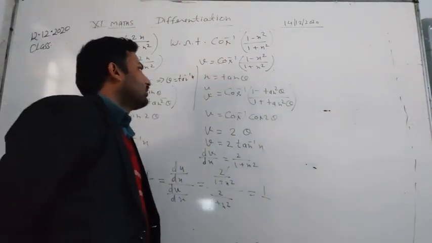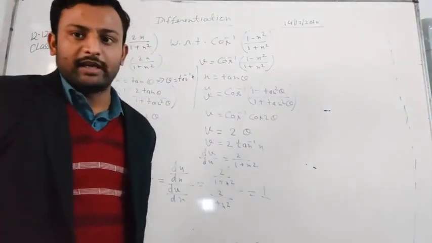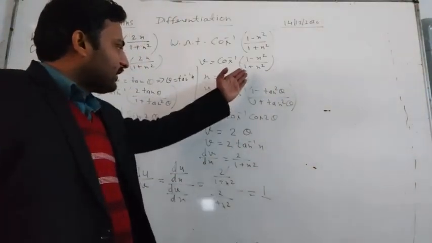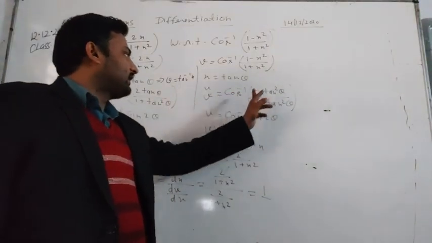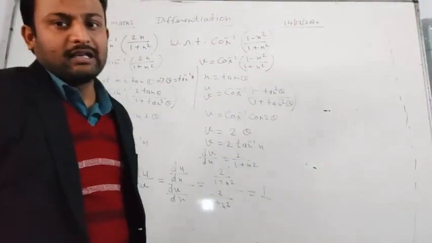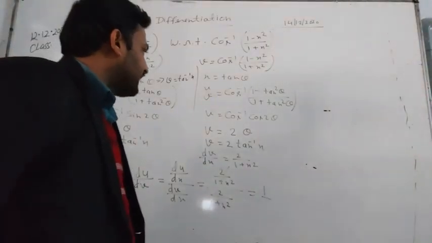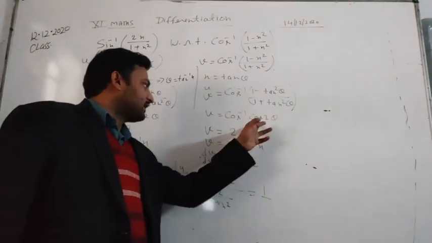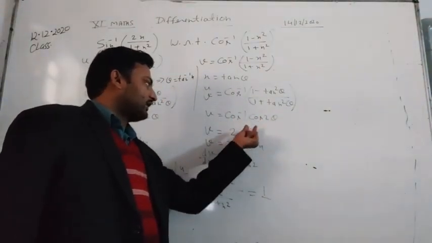Now take the second term, which is v, cos inverse 1 minus x square by 1 plus x square. Again we are taking tan theta, because this is the formula that will be made. So cos inverse 1 minus tan square theta upon 1 plus tan square theta, and this is the formula of cos 2 theta. So we can replace this whole term with cos 2 theta, and clearly cos inverse cos is reduced from here.